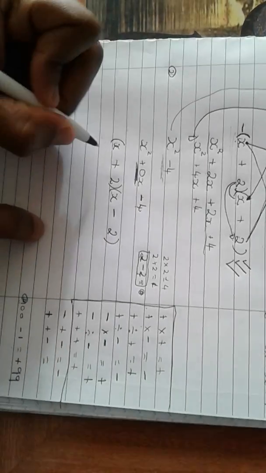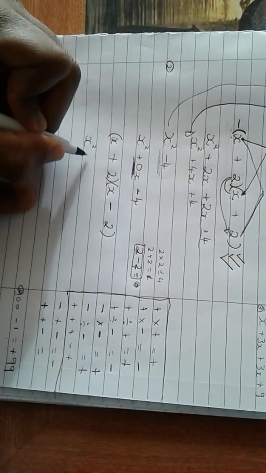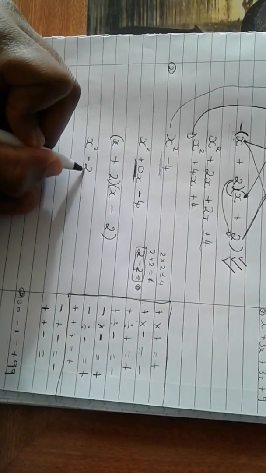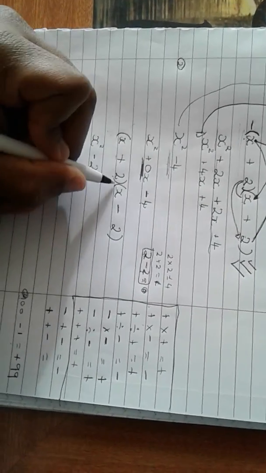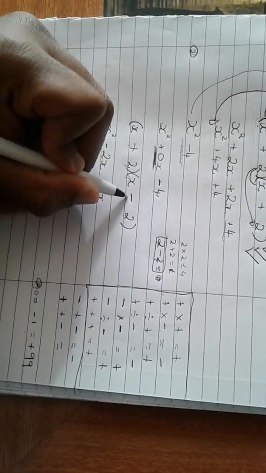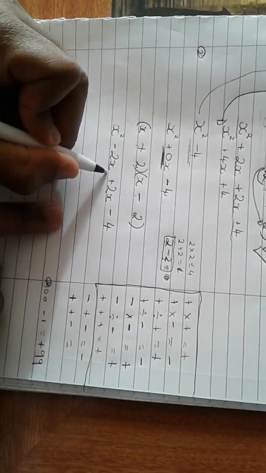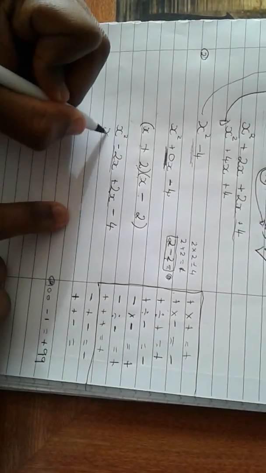It's going to be x and x, x squared, x and minus 2, minus 2x, positive 2 and x, positive 2x, positive and a negative. Remember this, it's going to be a negative. 2 times 2, it's 4. Now the like terms, it's going to be x squared because it has no partner.